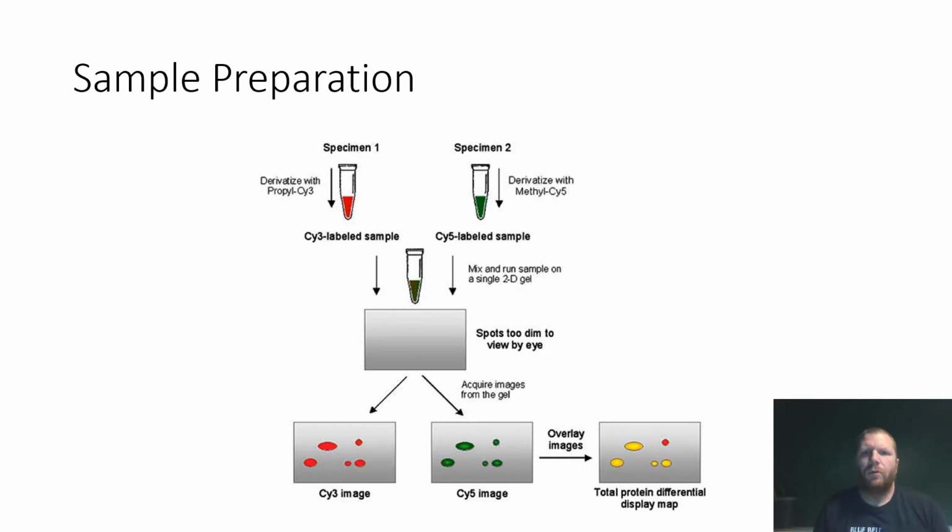Now your sample preparation for 2D differential gel electrophoresis is pretty straightforward in that you have two different specimens. And so I think the most straightforward example would be, let's say you have someone with bladder cancer.